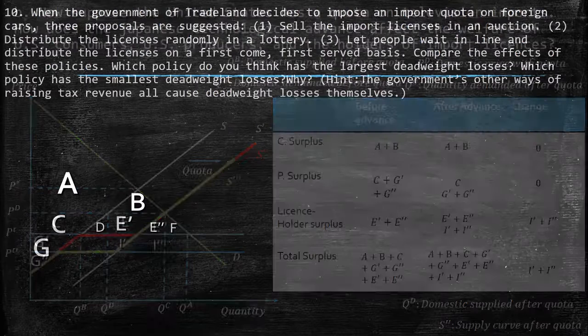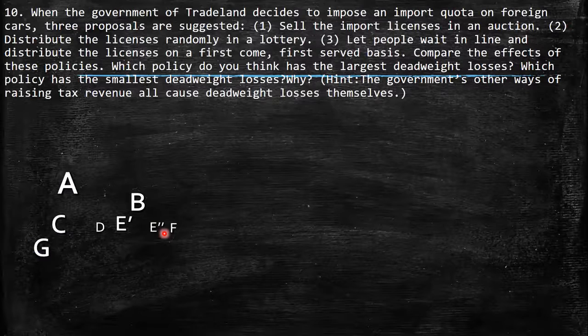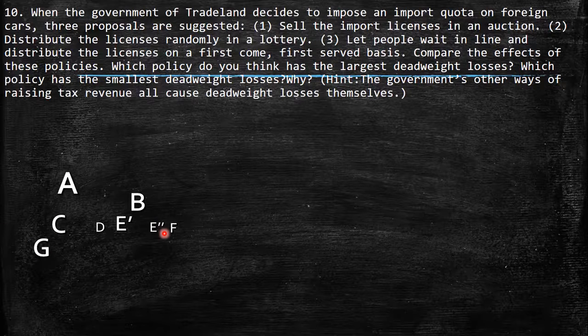Okay, so 10. When the government of Trade Land decides to impose an import quota of foreign cars, three proposals are suggested. First, sell the import licenses in an auction. Second, distribute the licenses randomly in a lottery.